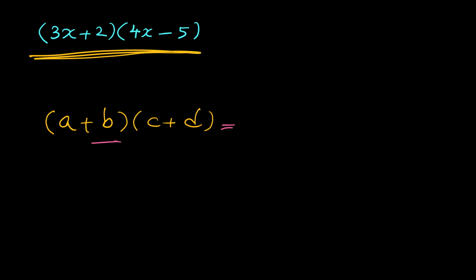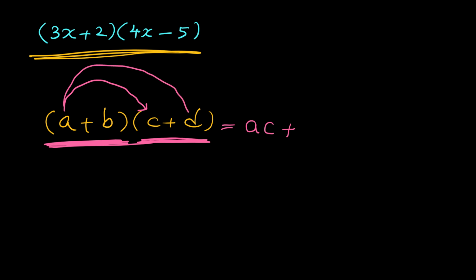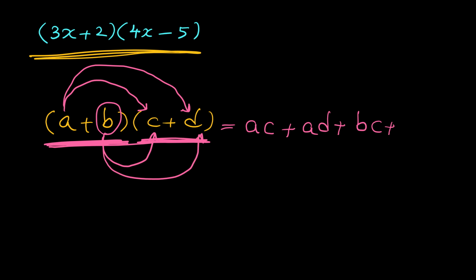You have to multiply every single term from here in every single term from here. So you have to multiply a by c, which is ac, then a times d, which is ad, then you move to b times c, bc, b times d, which is bd.